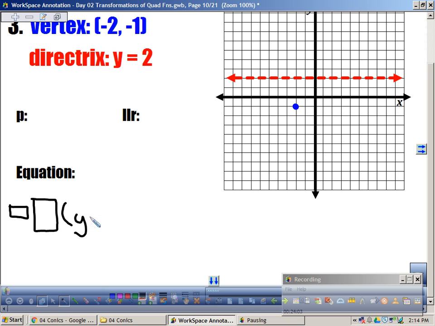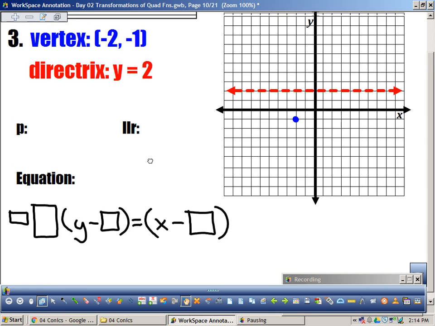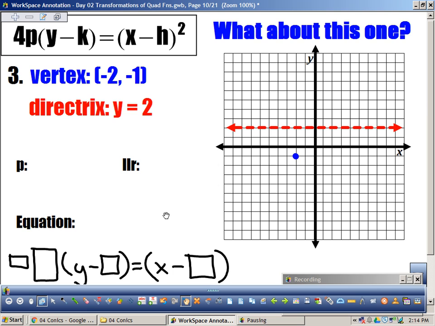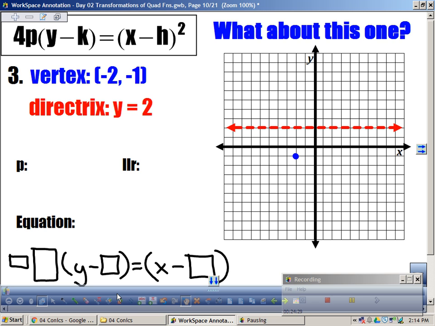It's going to have y minus something equals x minus something. Right? Doesn't that look like this right here? All right, so I want you guys to work together. I want you guys to come up with that equation together in groups. I'm going to give you 2 minutes.